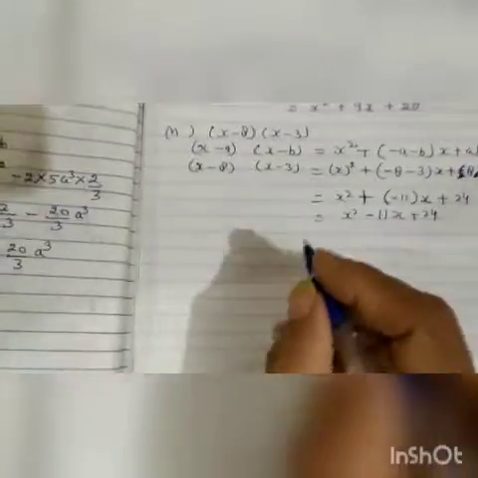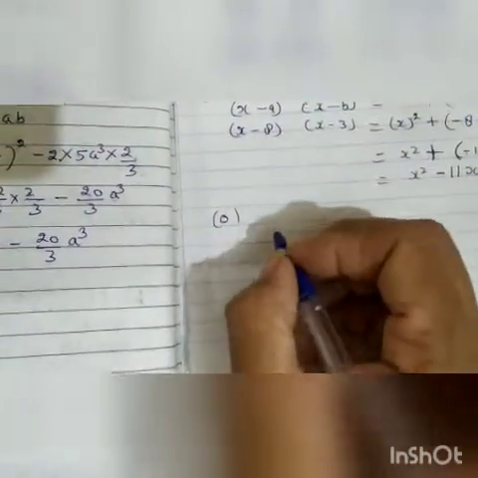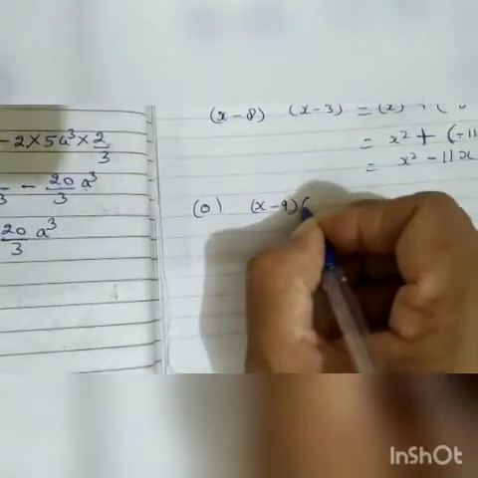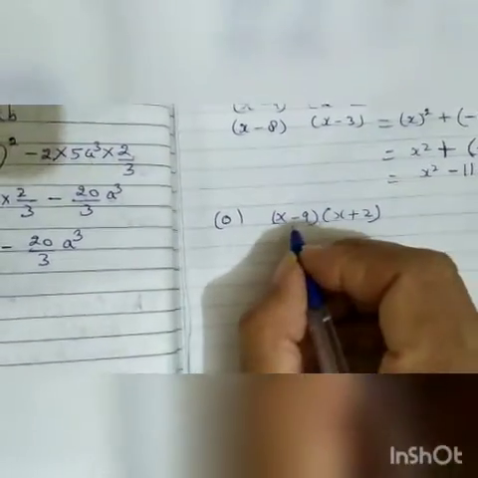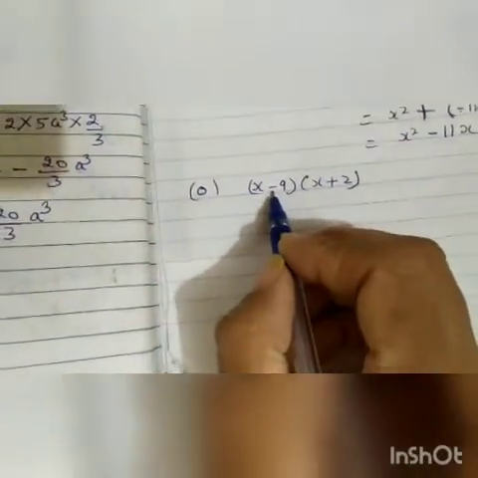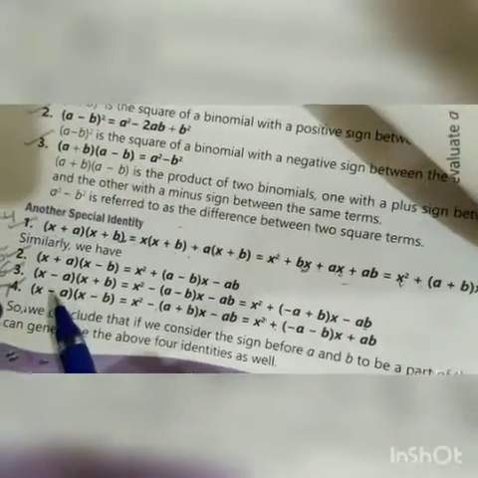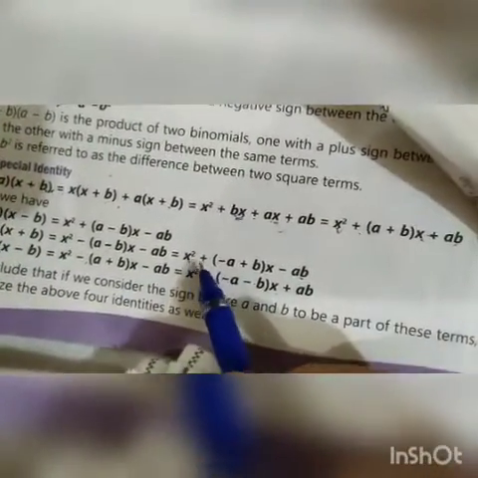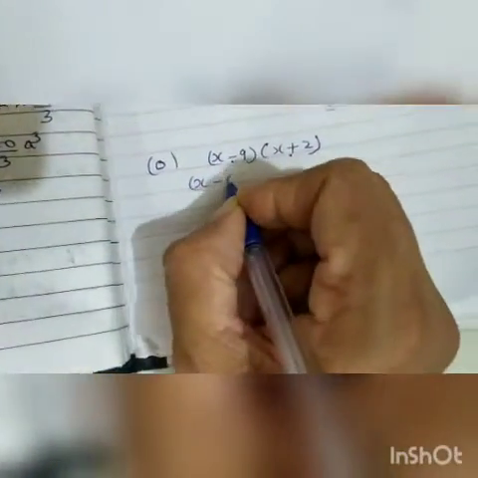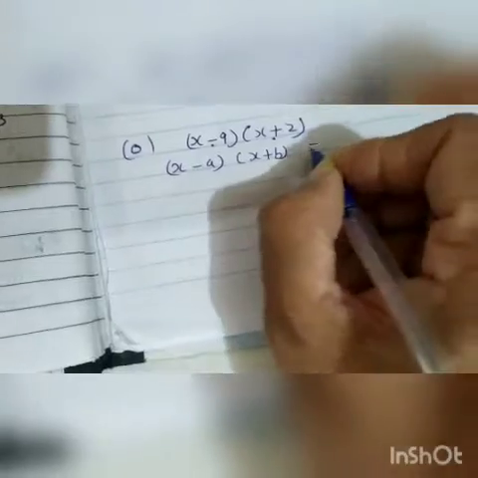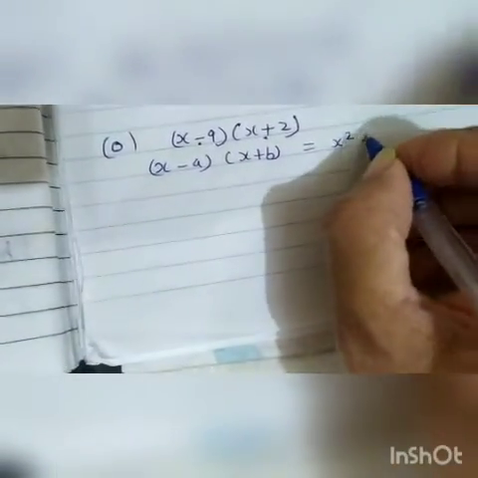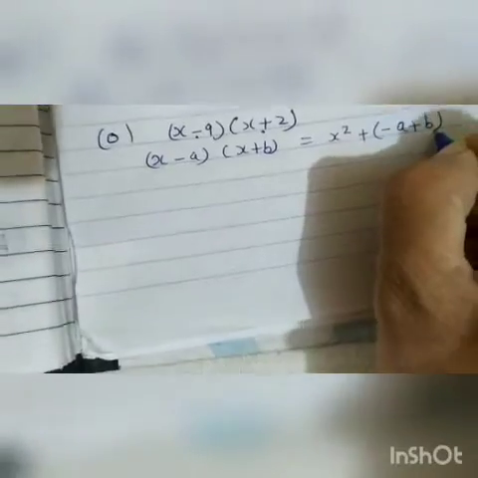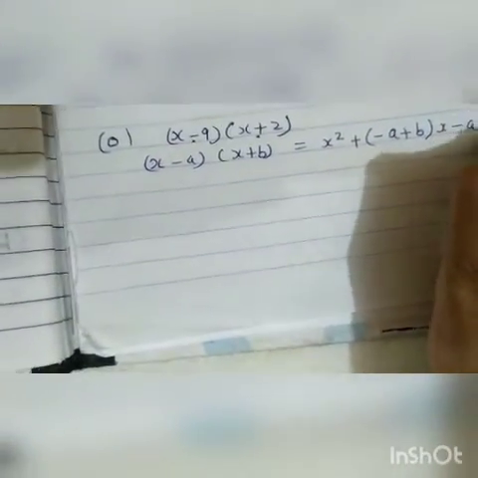One more part in the first question, then our first question will be completed. (x minus 9)(x plus 2). The first bracket is with minus sign, the second is plus sign. See this identity: (x minus a)(x plus b) is equal to x square plus (minus a plus b) into x minus ab.